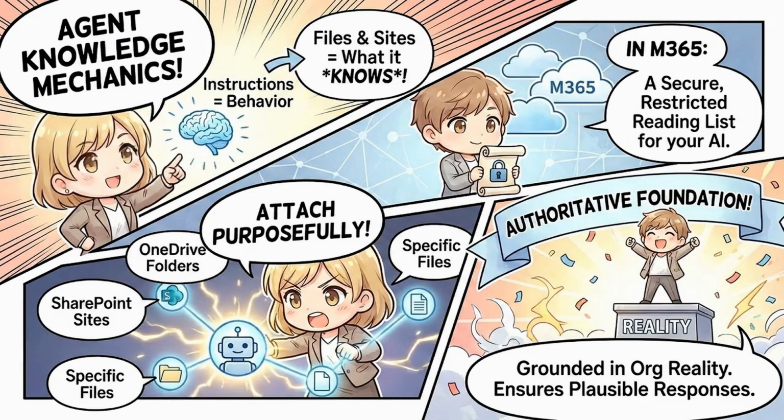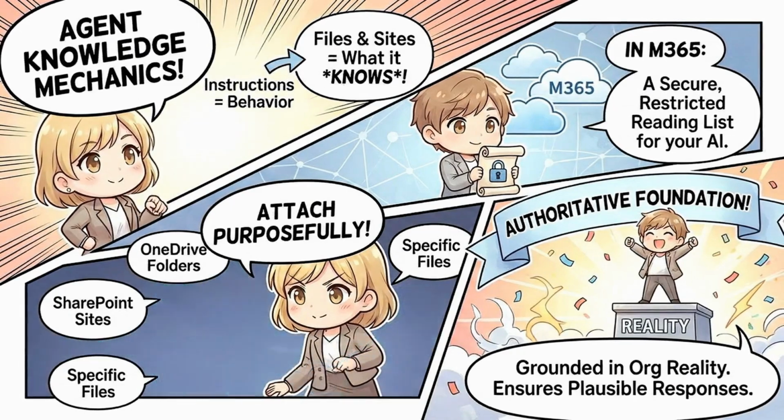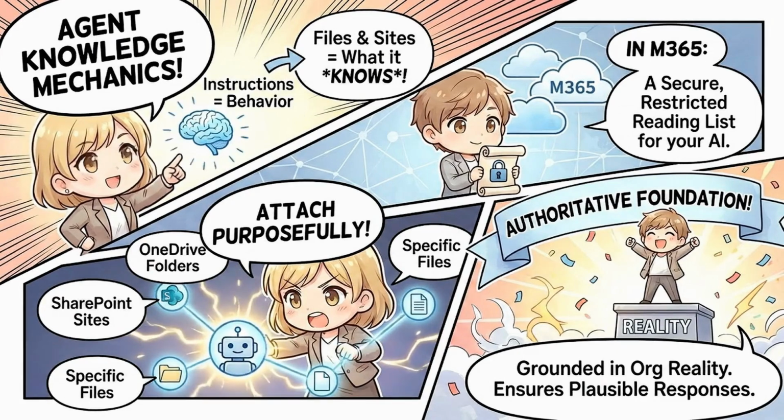By purposefully attaching internal Microsoft SharePoint sites, specific Microsoft OneDrive folders, or individual files, you establish an authoritative foundation for the agent's data retrieval processes. This ensures the AI provides responses that are not just plausible, but firmly grounded in your organization's reality.